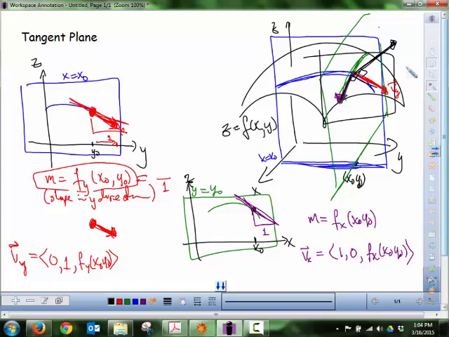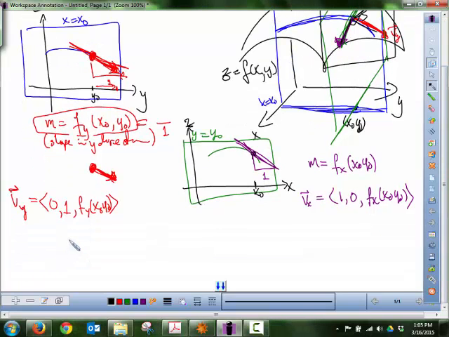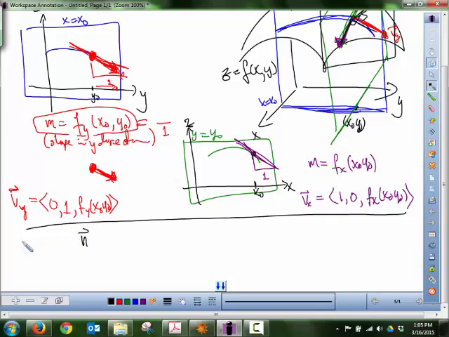How do we find a vector perpendicular to two other vectors? We cross them. So we'll call this n for the normal vector. This is normal to the surface, and we'll cross them.